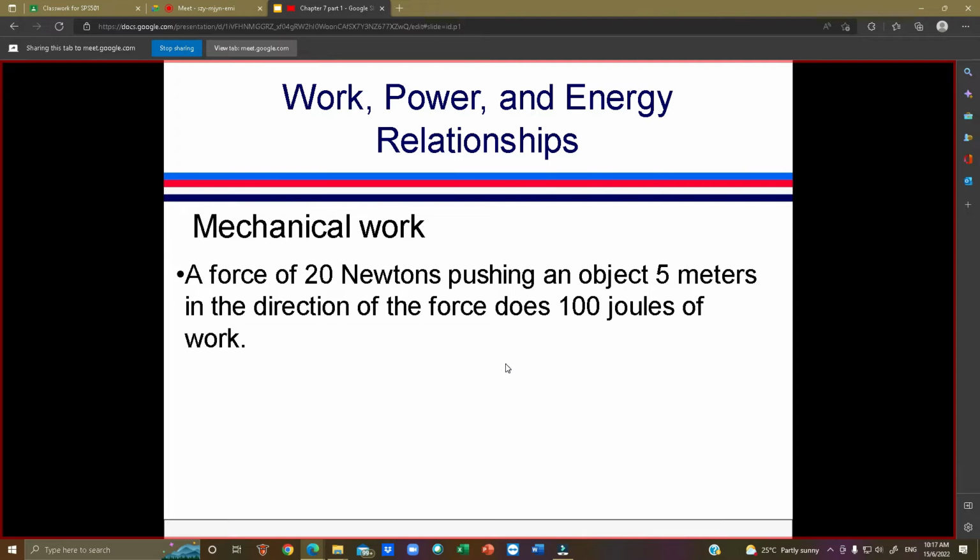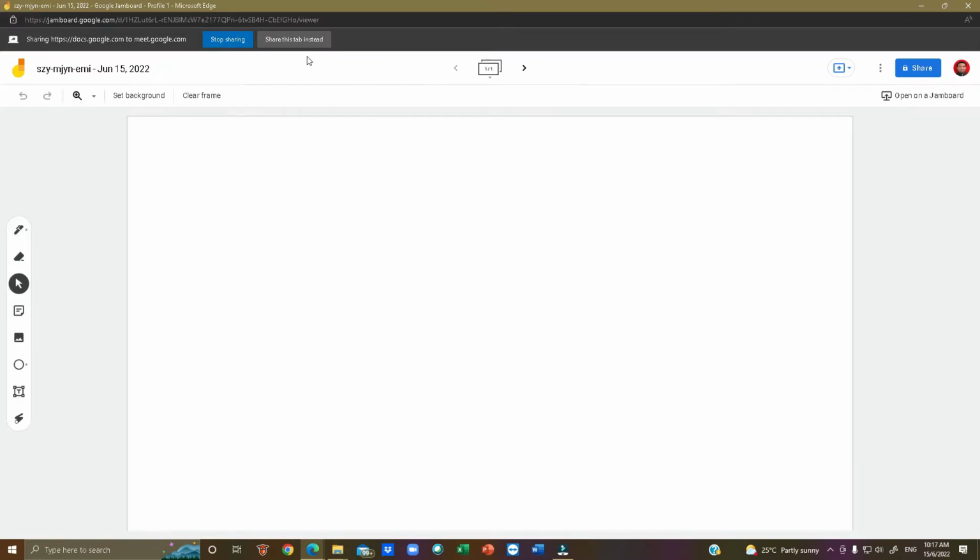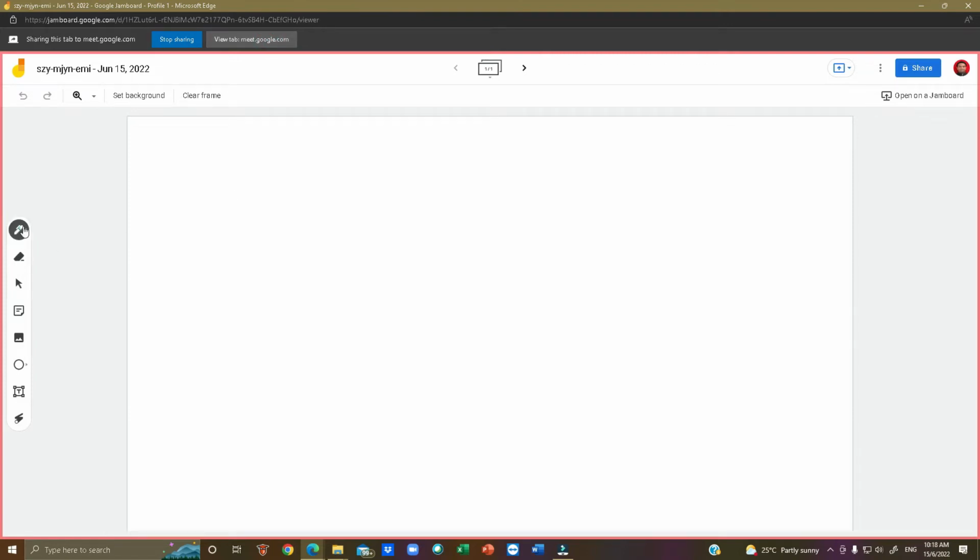Okay, for example, is this one. Let's say we have an object. Okay, kita tengok contoh. Let's say we try to push a box, ataupun we have a barbell weight and we try to lift.